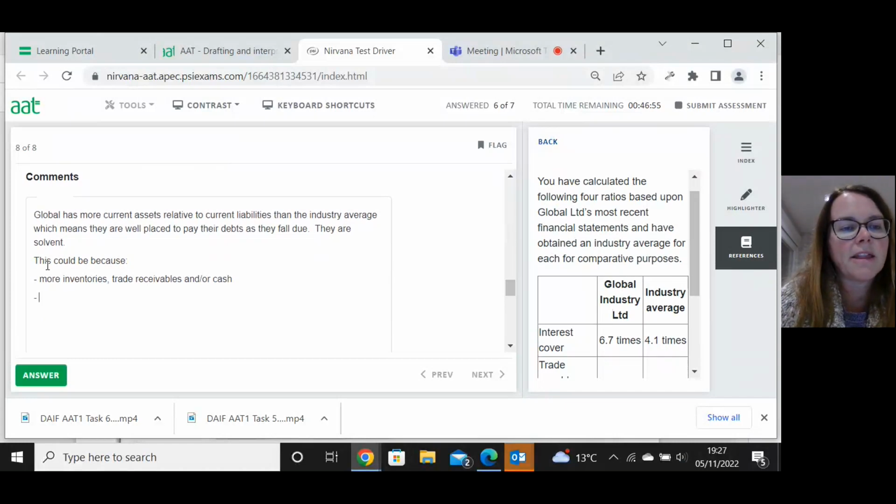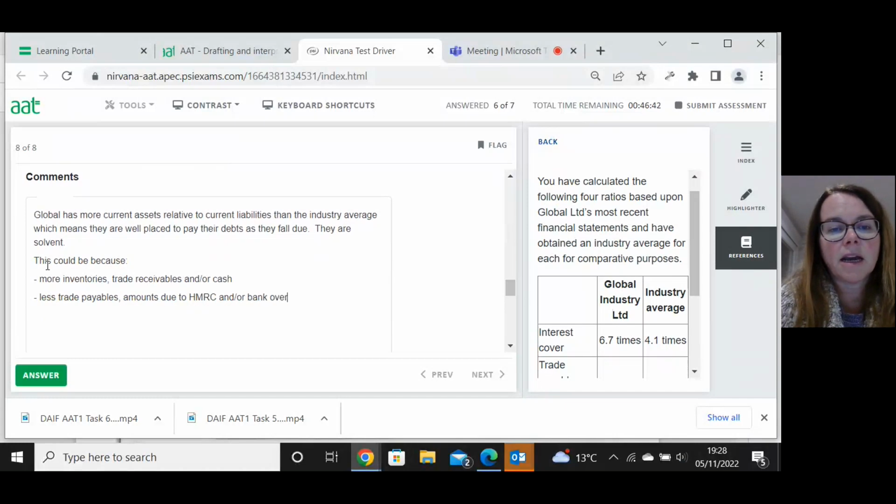Or it could be that they have less trade payables, amounts due to HMRC, and or bank overdrafts, so current liabilities.